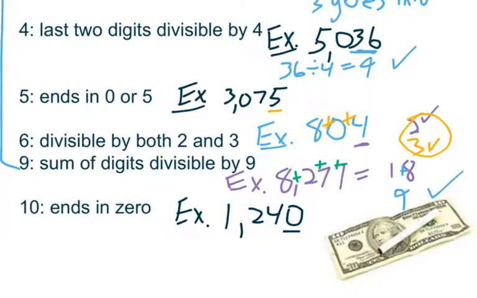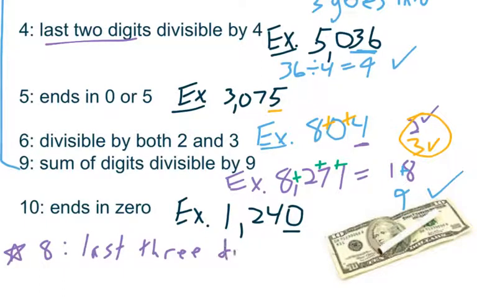Alright, the last rule I want to bring up is a little harder to do. That's why I'm going to put a star by it. And it's a little bit of a challenge. But it's like 4. You know how we looked at the last 2 digits for 4? For 8, we're going to look at the last 3 digits. So the last 3 digits must be divisible by 8.